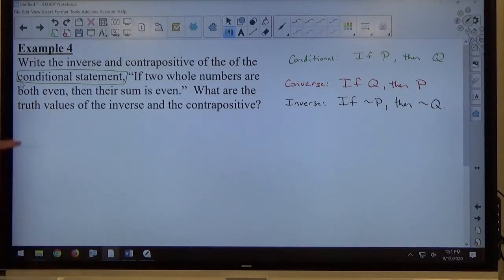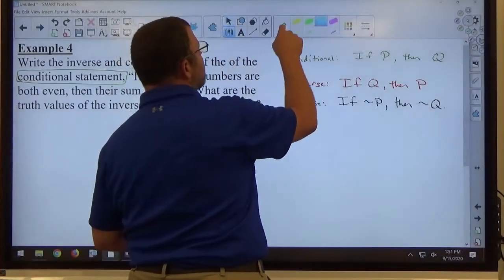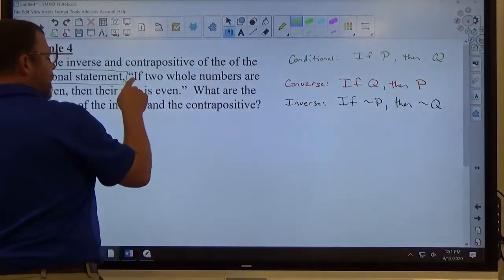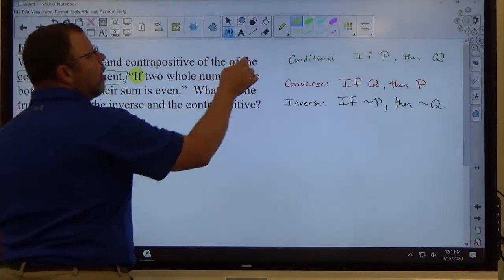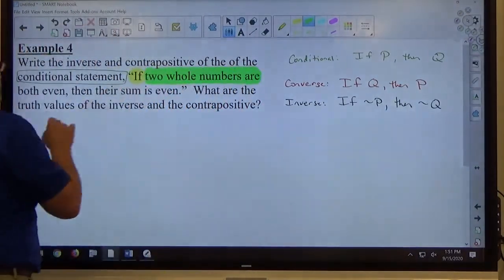So if we take a look at this problem, if I'm asked to do any of these things, inverse, converse, contrapositive, first thing I'm going to do is identify what P and Q are. If I'm looking at this conditional statement, and I locate the word if, the words following the word if represent the hypothesis.